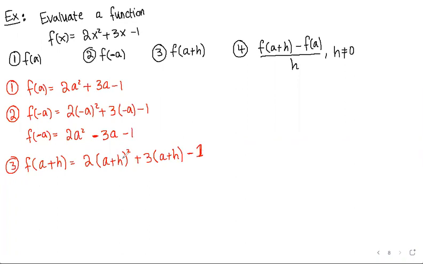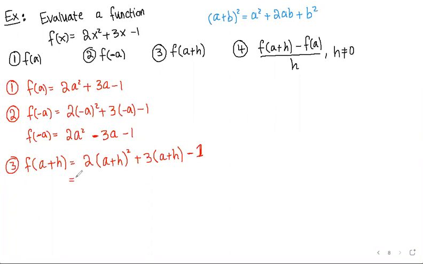These things are from the previous chapter. By using the formula, if I have (a plus b) squared, this means the first term squared, plus 2 times the first term times the second term, plus the second term squared.